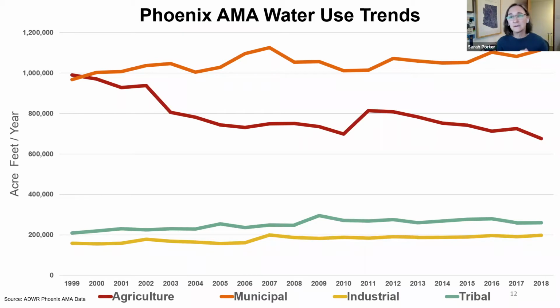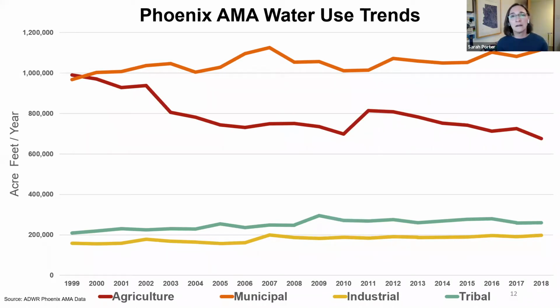Again, this is from 1999 to 2018, but here's an important recent 20-year period, where you can see that while agricultural demand has declined in the greater Phoenix area, central Arizona area, municipal demand has increased, but nowhere near proportional to the growth in population.